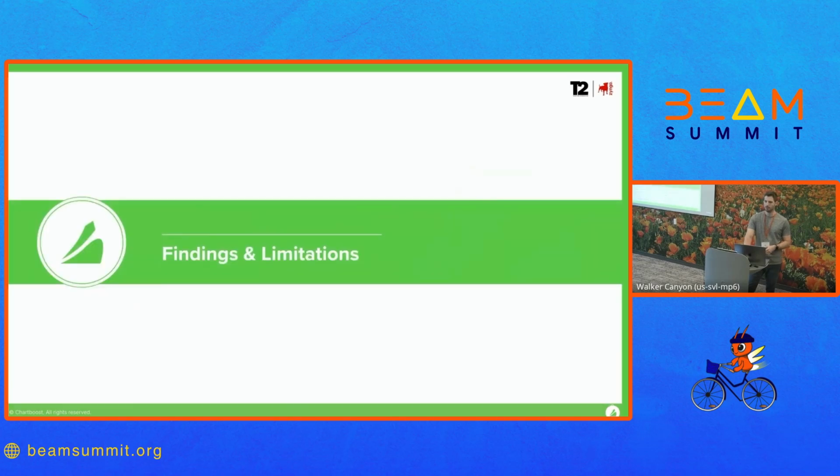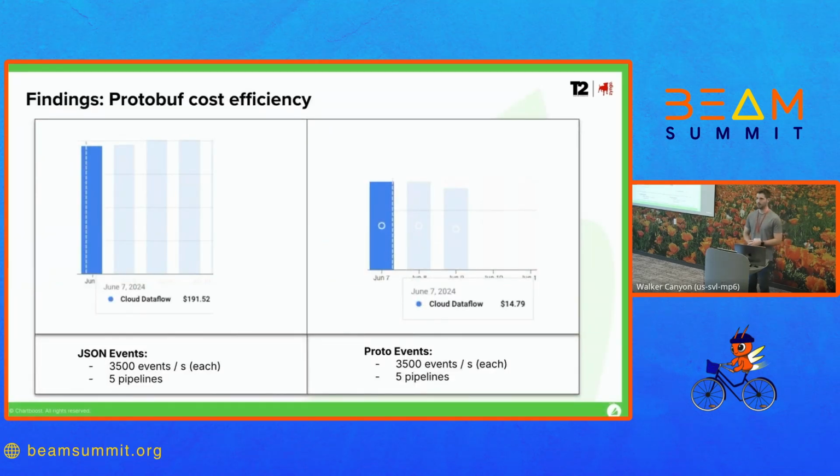A bit of some of the findings and limitations of this, of course, it's not all perfect. But what we have seen is that the cost efficiency of using Protobuf is a lot. I mean, this example, just take it with a pinch of salt. There are a lot of different considerations here, like the size of your events, etc. But this is a comparison between JSON events and Protobuf events in the same pipeline. It's roughly 3,500 events per second on average, 5 pipelines.